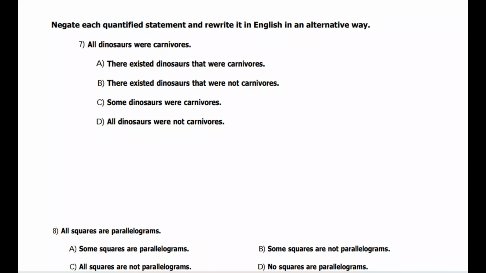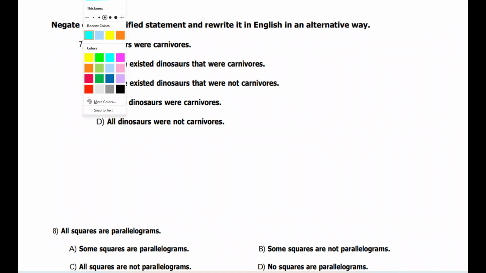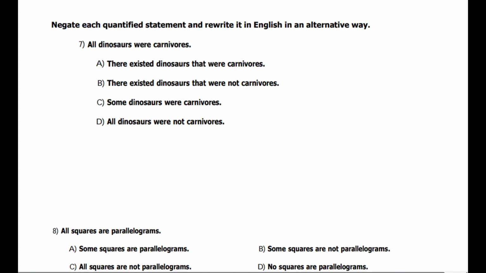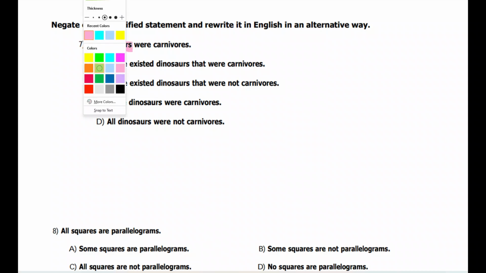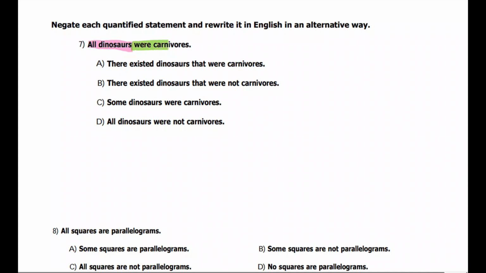Negate each quantified statement and rewrite it in English in an alternative way. So this is multiple guess. All right. So what we have here is "all dinosaurs were carnivores." In order to negate an "all," you have to go to a "some."